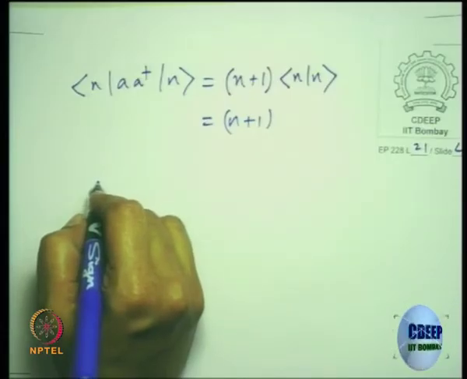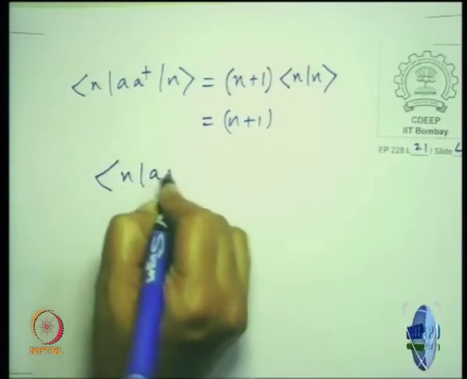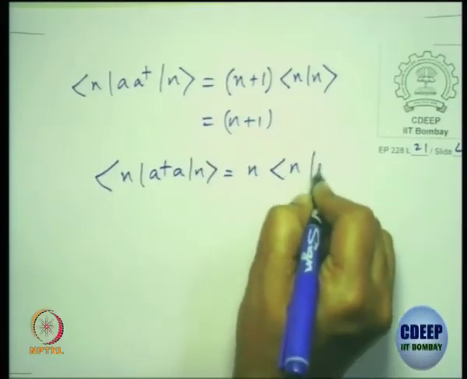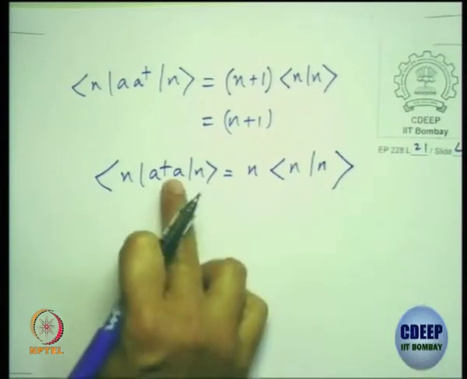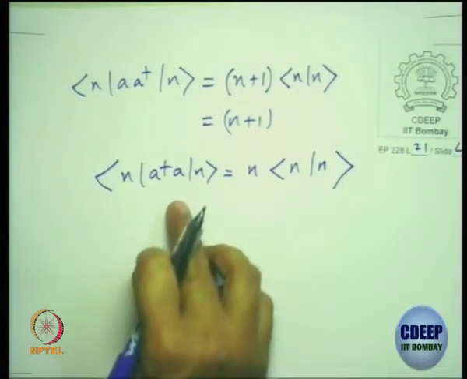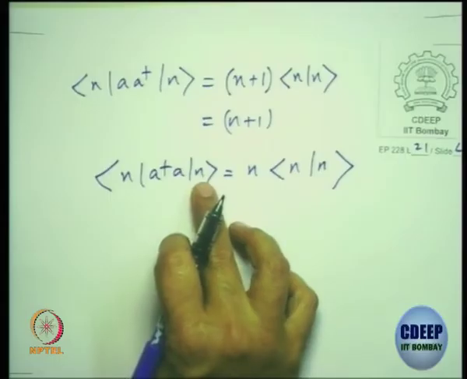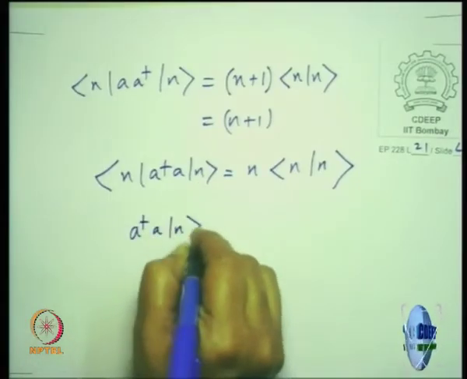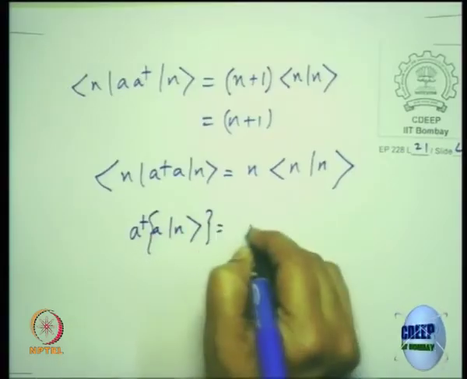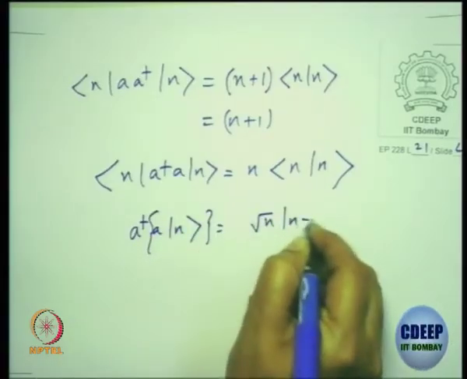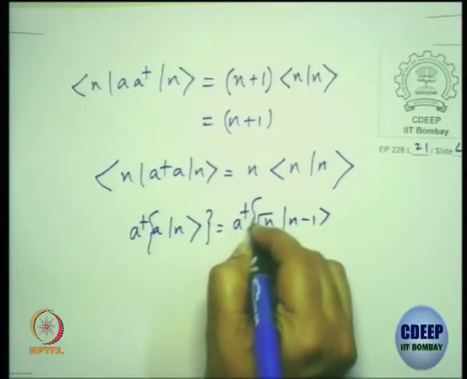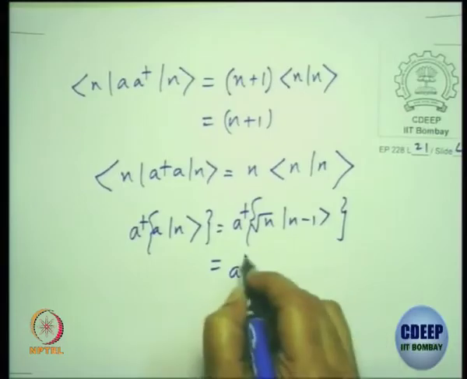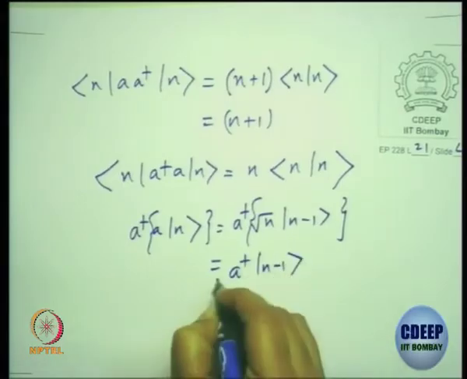Is it right? And a dagger a on n will be: a will take square root n, a dagger will give you, it's already reduced to n minus 1, that will give you a dagger on n minus 1 with the square root n.